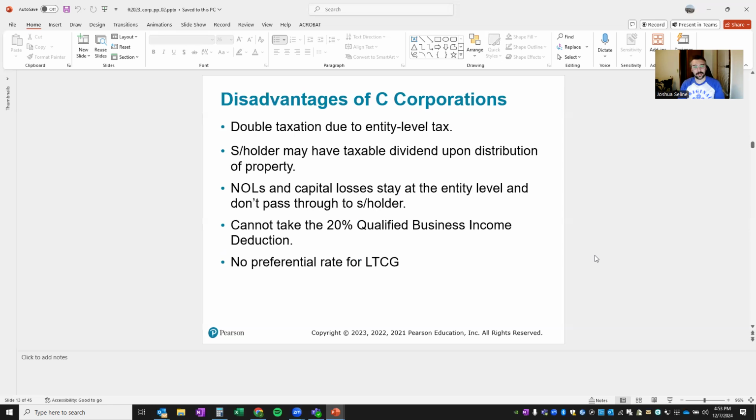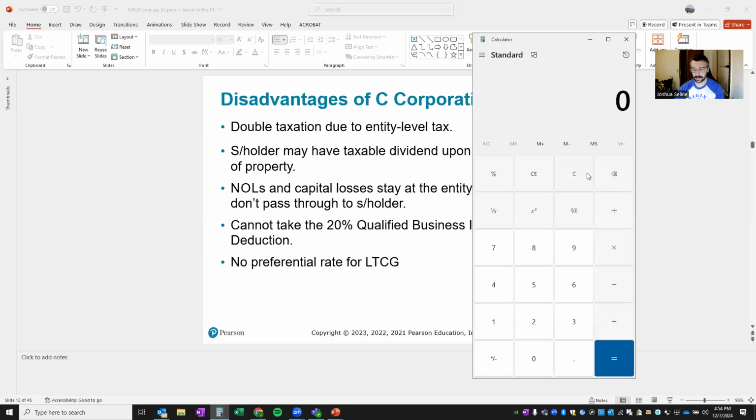Disadvantages of C corporations, double taxation due to entity level tax. When people talk about double taxation, this is hopefully what they're referring to, because this is really the only entity type that recognizes double taxation. You've got your corporation, let's go back to the 100,000. You automatically pay your 21,000. So we've got taxable income of 79,000.